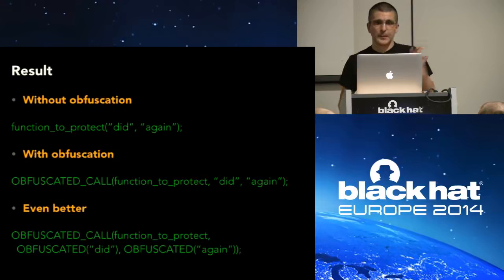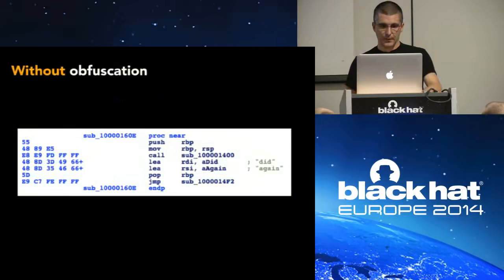You just put the name of the function as the first parameter of the obfuscated call macro. And you can also combine this with obfuscation of string if you have strings as parameters.